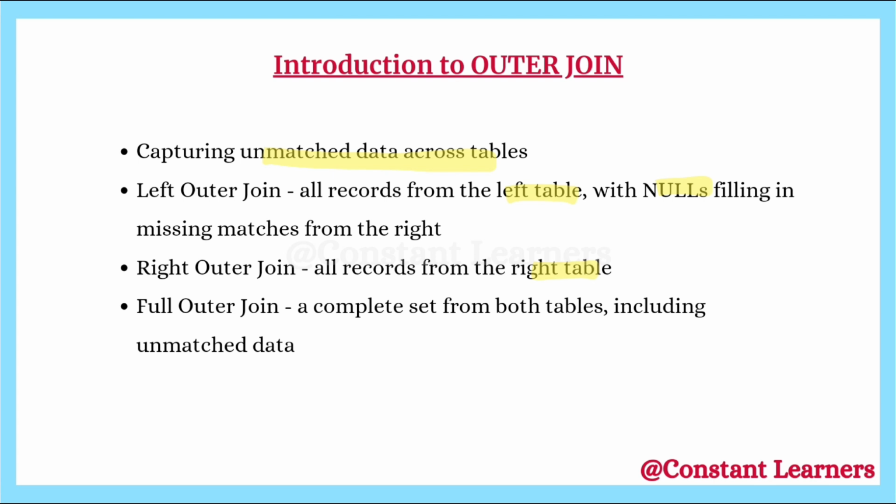And full outer join is a complete set from both the tables, including all of the unmatched data. In scenarios like patient-doctor assignments or other relational data, outer joins ensure that we don't overlook any records just because a matching relationship is missing.